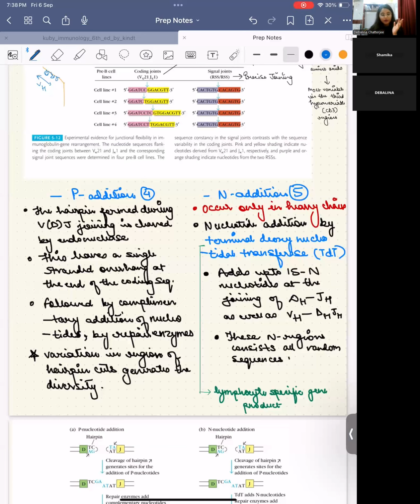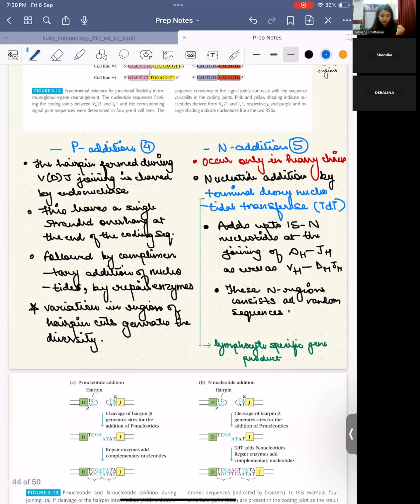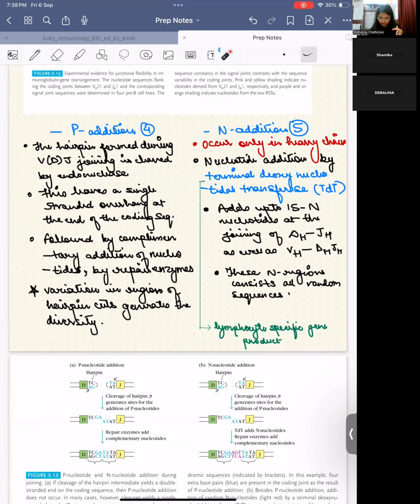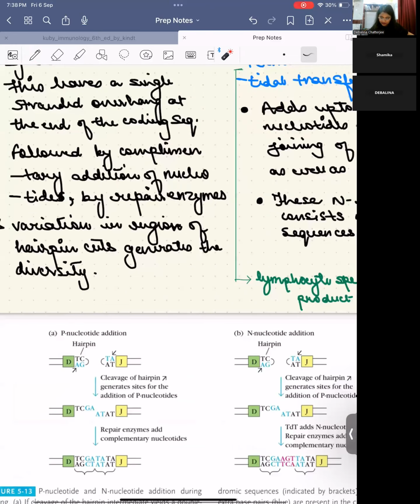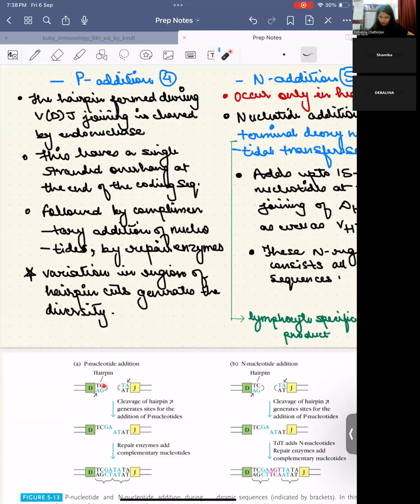Let's just discuss P addition first, wherein we talked about the hairpin. We looked at the hairpin that is formed, which is cleaved by endonuclease, which leaves a single-stranded overhang, right? So this picture over here is the hairpin that has formed. If there is a cleavage of this hairpin, we have some overhangs right here. Now, these overhangs are going to be filled in by repair enzymes with complementary nucleotides.